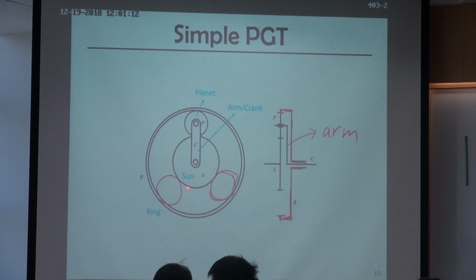But this planetary gear train is actually a 2 degree of freedom system. So usually we need to fix something first. And once you fix 1 degree of freedom, then you only have 1 degree of freedom remaining. Yeah. But originally, if you didn't fix anything, it's a 2 degree of freedom system.